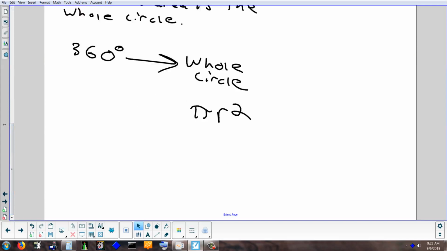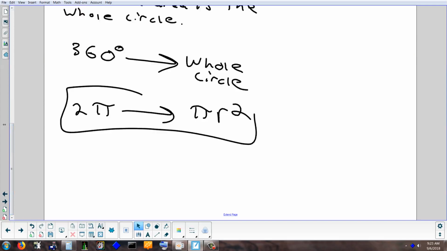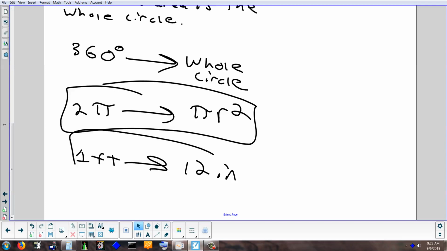So, what's 360 degrees in radians? Yeah, 2 pi. There's your connection right there. That's not a formula, but that's the connection. That's just like saying 1 foot, 12 inches. 2 pi, pi r squared.